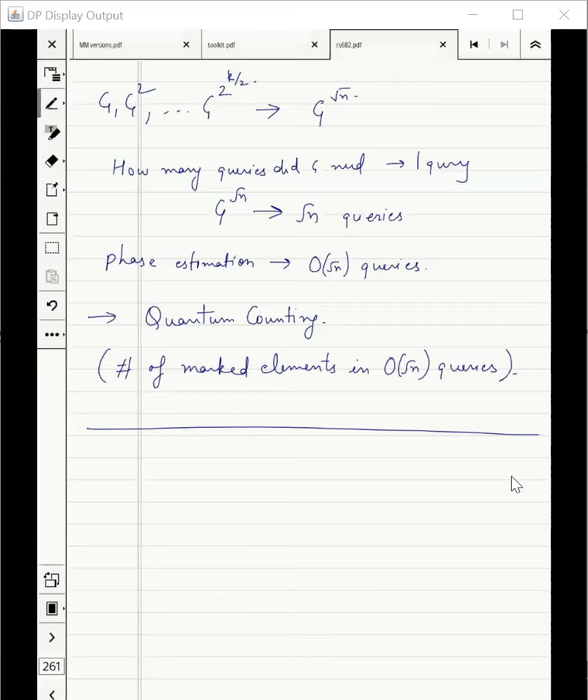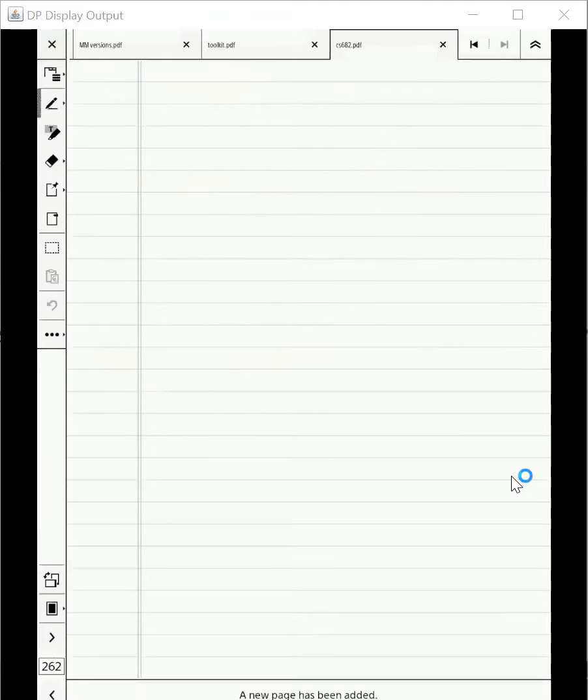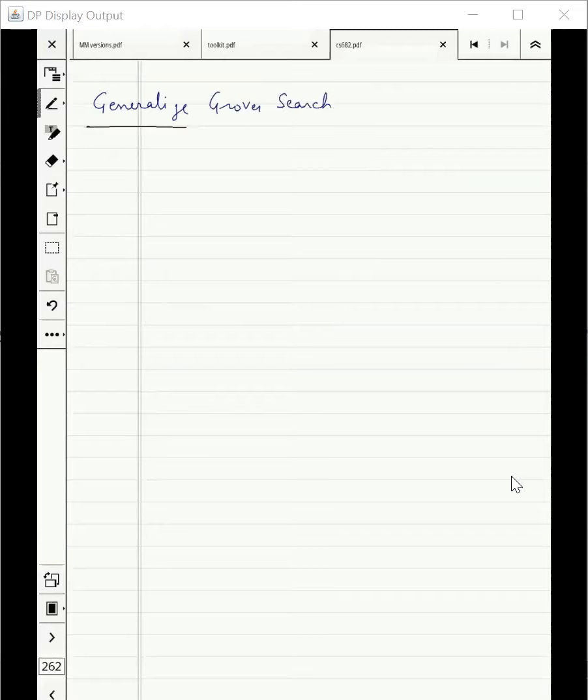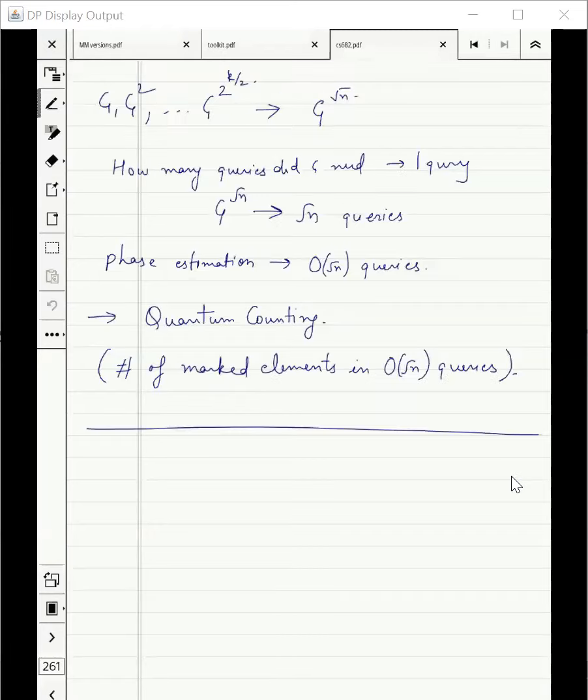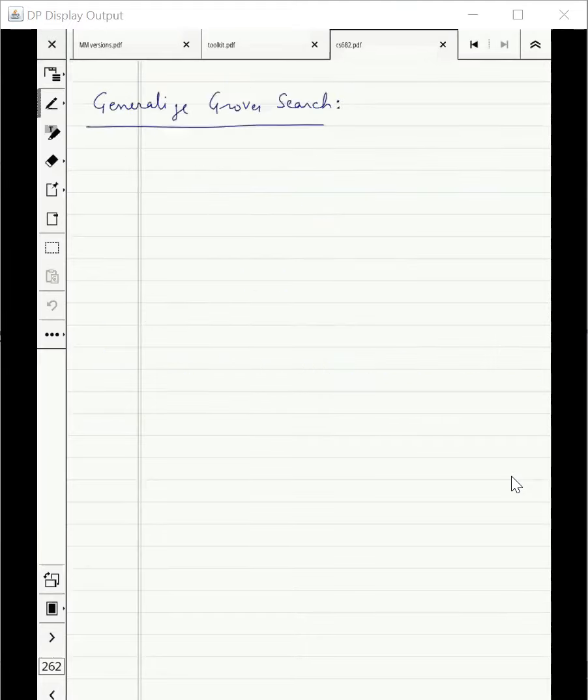We move on to the next topic, which is very related to Grover search, where in some sense we are going to generalize Grover search. Anyway, but before I go there, any questions about quantum counting? Okay.